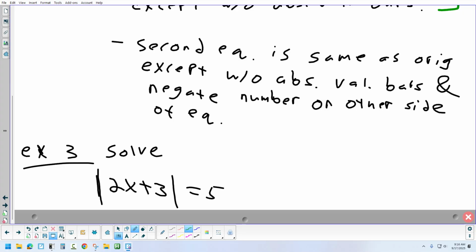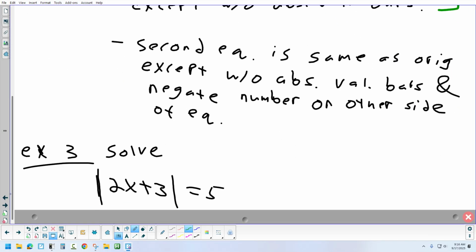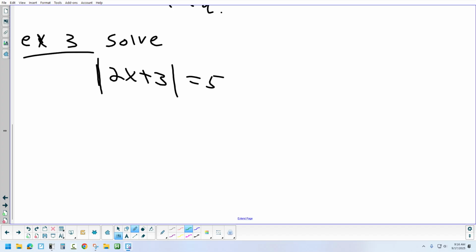Okay, first question, is the absolute value isolated on one side? Raj, what do you think? Yeah, it's already isolated, and we are ready to split it into two problems. What would be my first equation that I could split that into to solve for x?